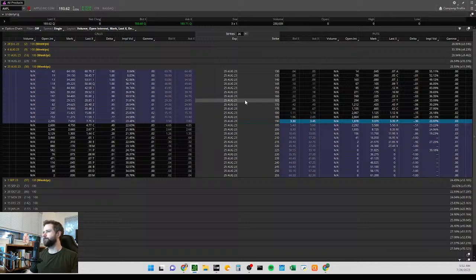And yeah, I'm looking at 30 days because if I'm not mistaken, implied vol looks 30 days into the future. Or the VIX is 30 days into the future for the S&P 500, something like that.